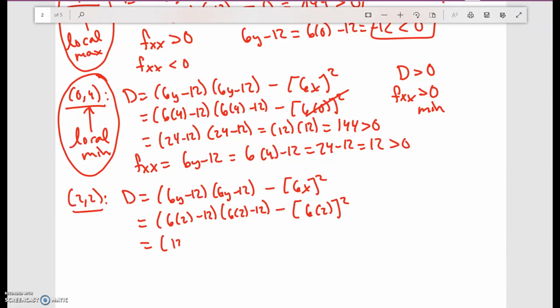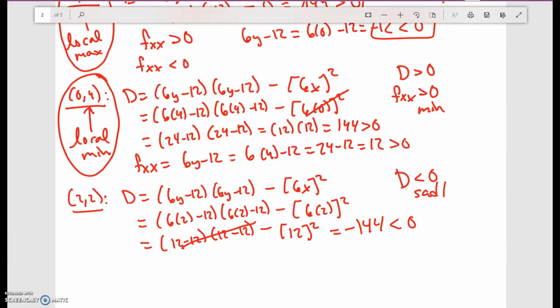So here I'm going to get 12 minus 12 times 12 minus 12, minus 12 whole quantity squared. This thing is just going to be 0, and I'm going to get negative 144, which is negative. Now, whenever D is negative, we don't need to check the second derivative because that automatically tells me that it's a saddle point. When D is less than 0, we have a saddle point. So this one is a saddle.